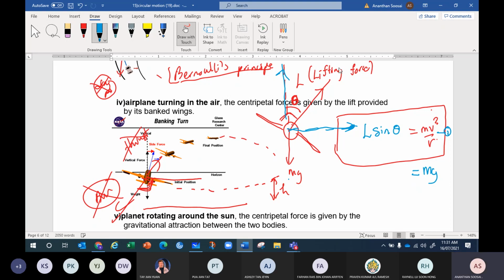Again, the lifting force. The lifting force resolved sideways is L sine theta. The lifting force resolved up will be L cos theta. L cos theta is balancing the weight. This is the second equation.